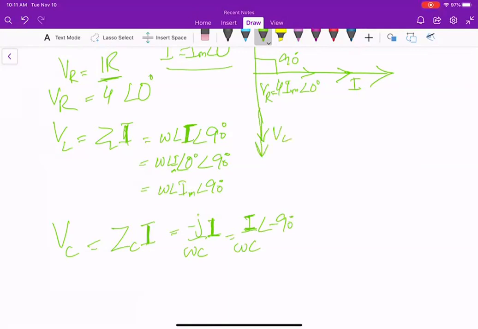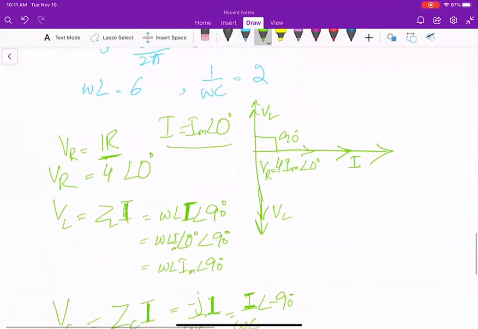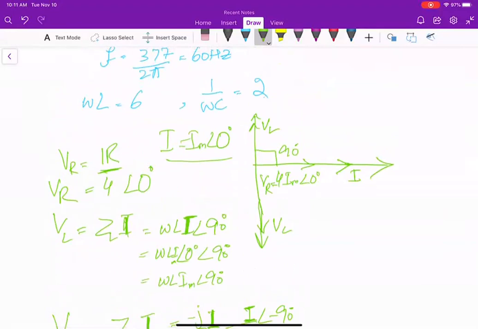Now we were saying that if VL is greater than VC, then overall angle becomes inductive. Similarly, if VC is greater than VL, then overall angle will become capacitive. So that's the basic diagram of VL and VC we have here.